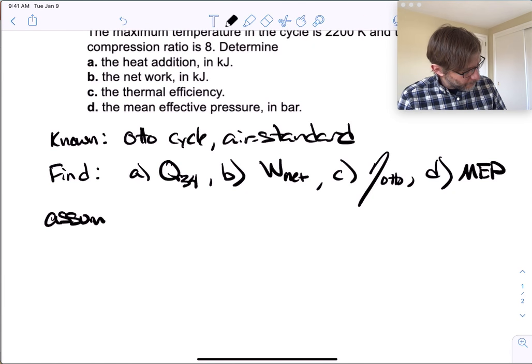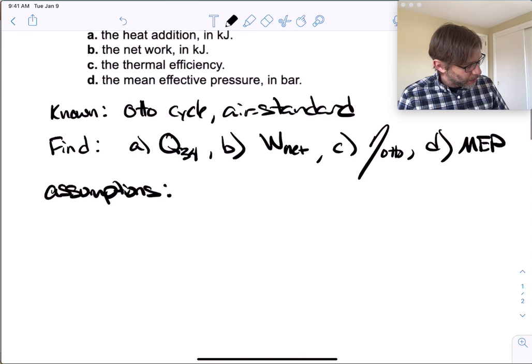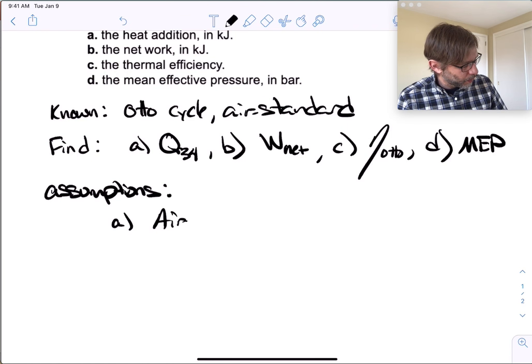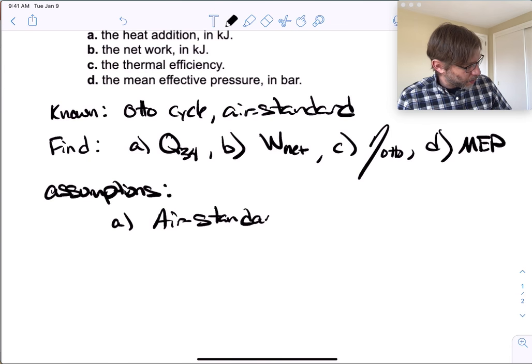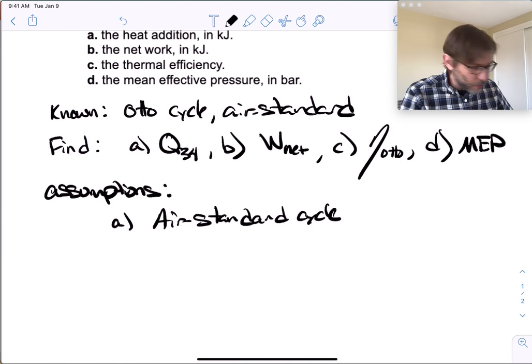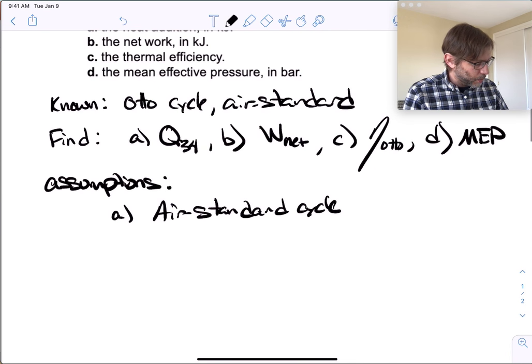Assumptions. Okay, so assumptions, we're going to assume A, that it's an air standard cycle. Air standard cycle essentially assumes that you have internally reversible processes. We don't have to write it down, it's just air standard cycle.